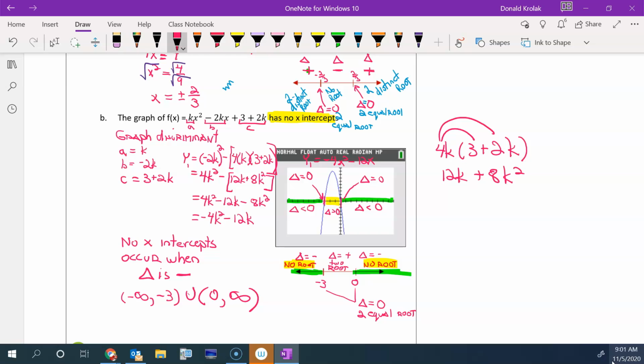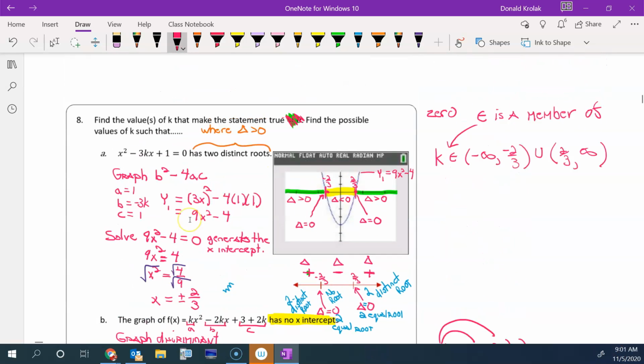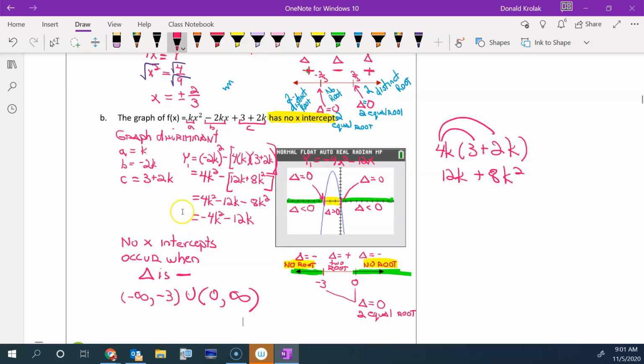Being able to analyze a graph like this is a fundamental skill in the next sequence of this course. We're analyzing the graph of the discriminant to find the values that create no real roots, two equal roots, and two distinct roots. All right, anything on B here? That question.